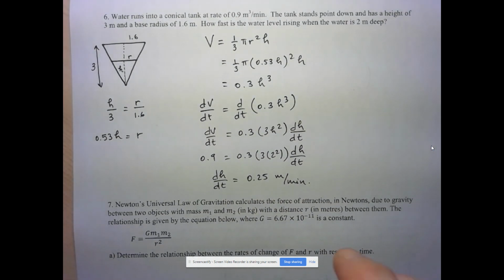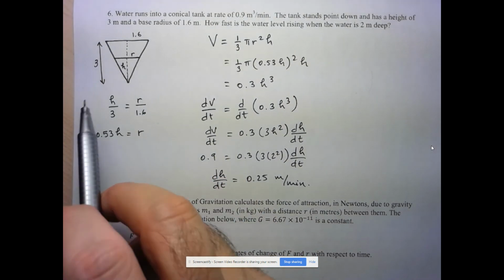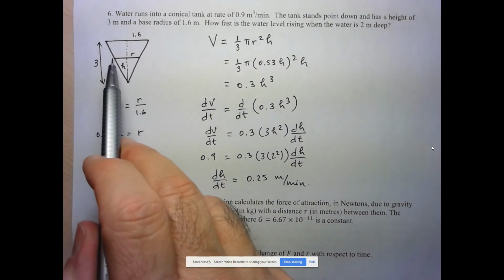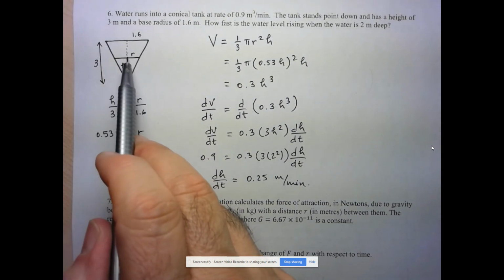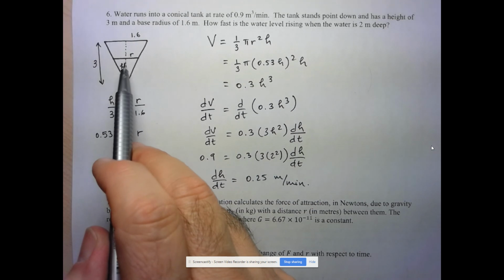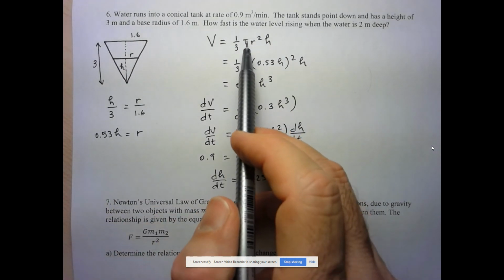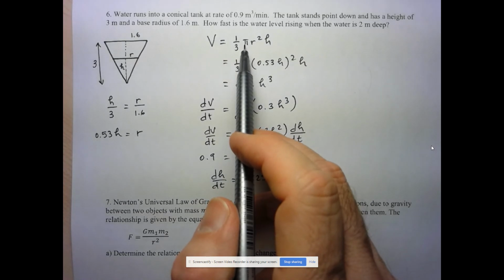All right, so let's just do a recap. Again, step number 1, get yourself a good diagram. Represent some random point in time where there's some water in the cone, and realize that you have to work with the volume of a cone formula.